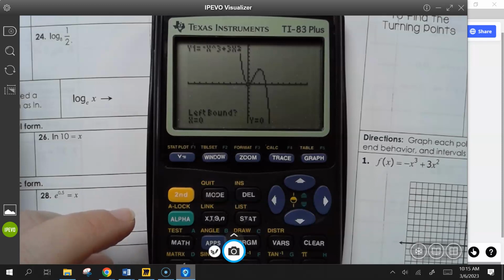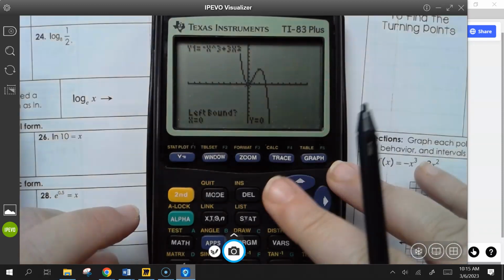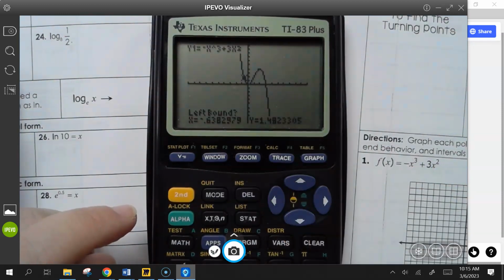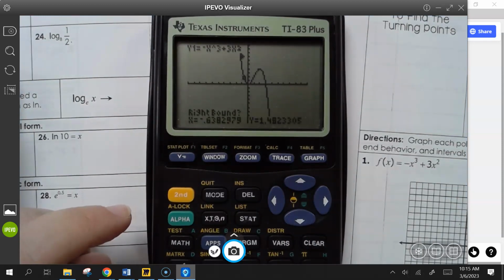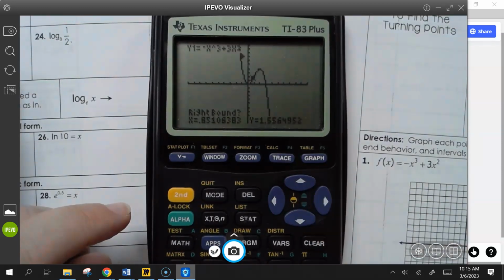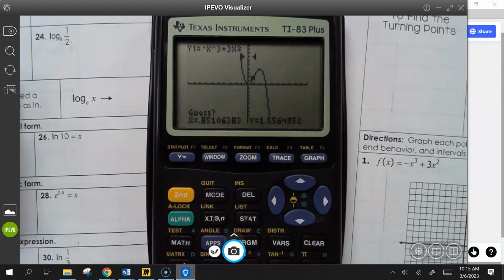All right, so I need to go left of the minimum. See my spider blinking? I need to go left of the minimum. Generally, 3 clicks is good to clear it. Hit enter. And now it says right bound, so I'm going to go to the right of that minimum, and I'm going to hit enter. Did we do it with the parabolas? Oh, good. Then I won't have to spend as much time.